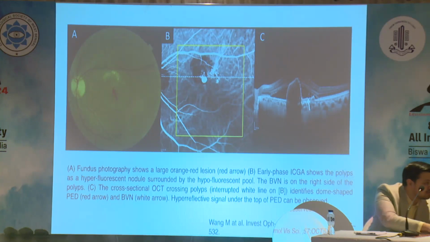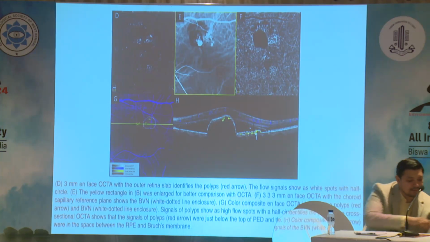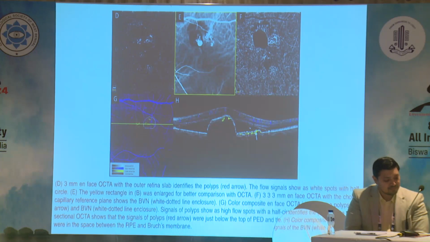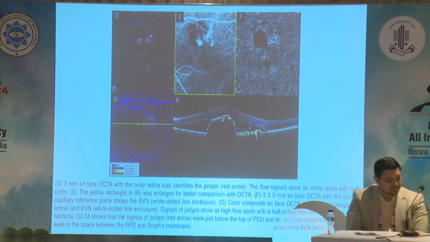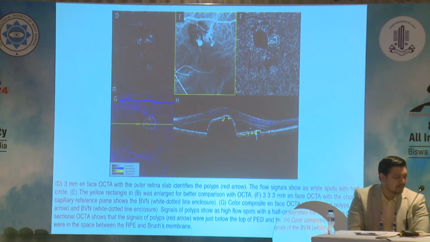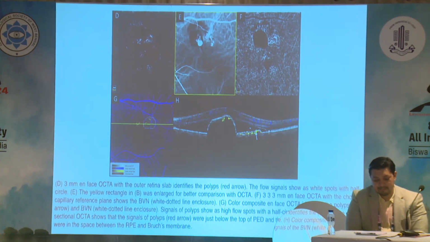Now this same picture, they compared in the study with the OCTA images. The OCTA images done at the outer retinal slab, you can see in the D slide, there is this white half circle which is corresponding to the area of the polyp seen in the ICG.